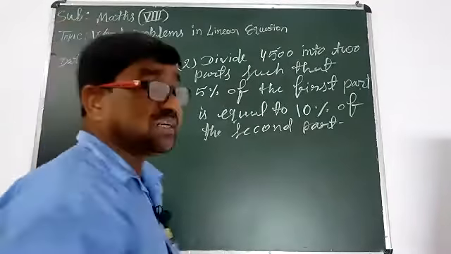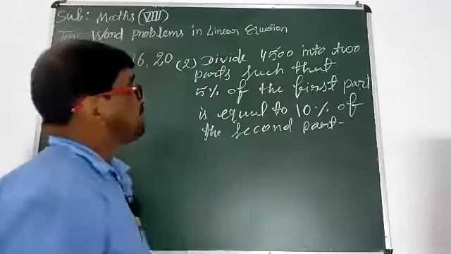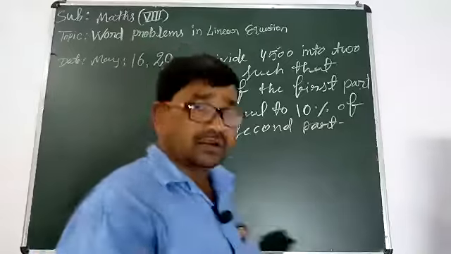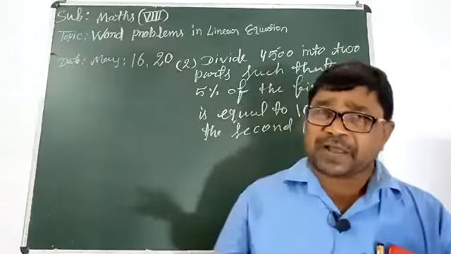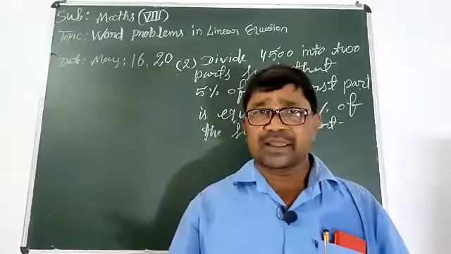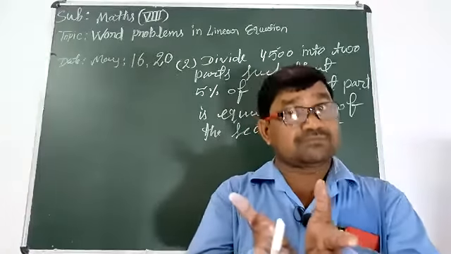First clause, divide 4,500 into two parts. But the condition is 5% of the first part equal to 10% of the second part. According to these two conditions, we should try to start this.